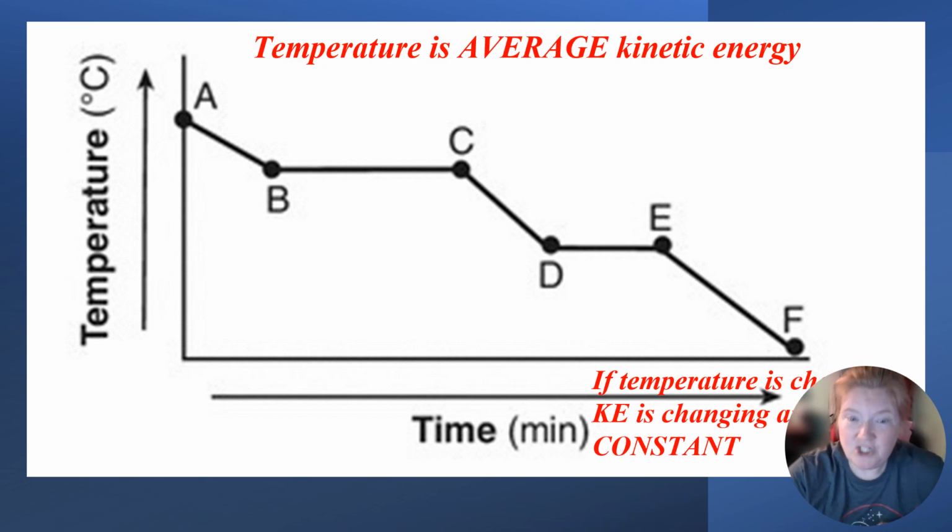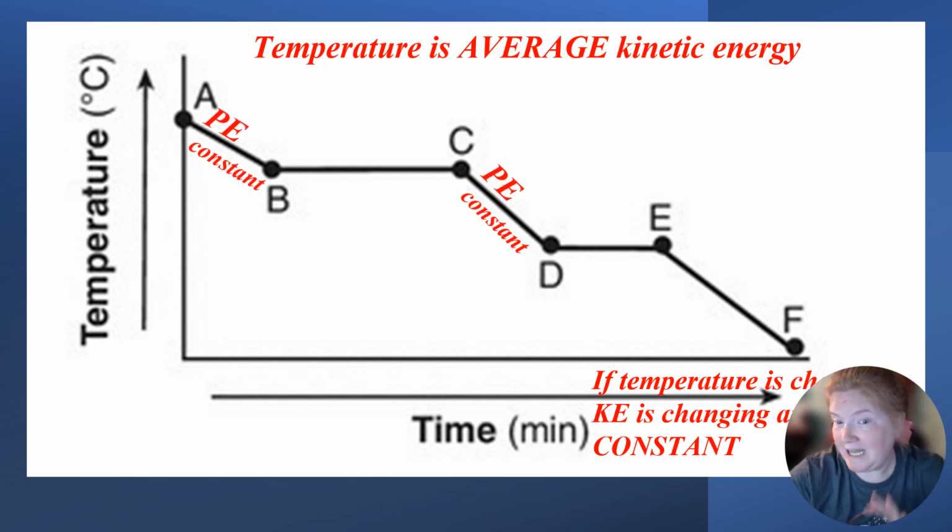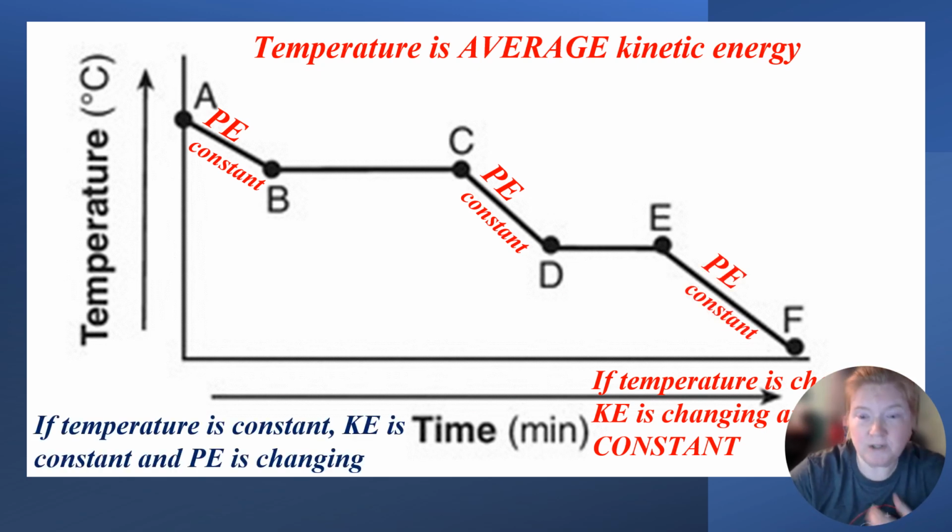So if the temperature is changing, the kinetic is changing, so the potential is constant. And then if the temperature is constant, the potential would be changing. And since it's a cooling curve, it is decreasing in those two spots.